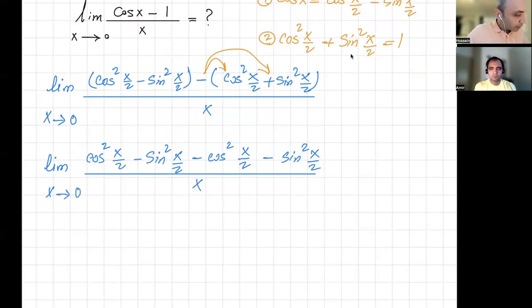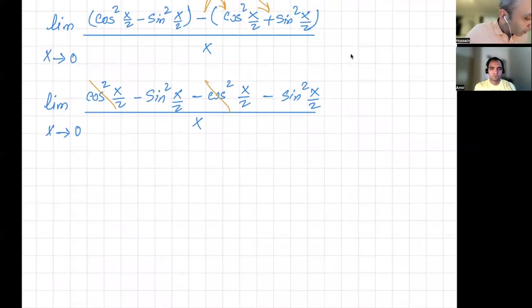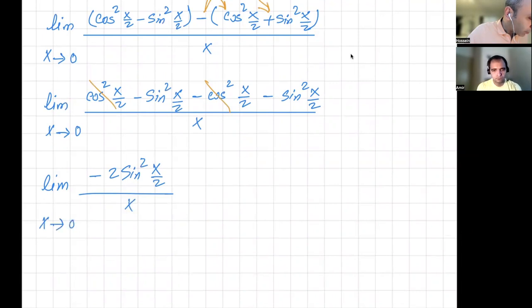Now I think I can simplify the numerator further. The first term and the third term cancel out. And then I'm going to have the limit of negative 2 sine squared of half x divided by x when x is approaching 0.